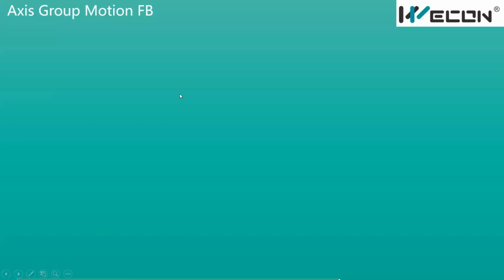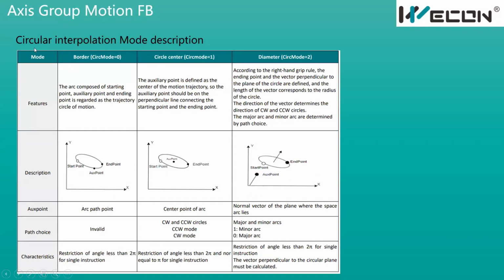And the next, for the circular interpolation mode, we have this table to introduce how this interpolation mode works. First one is this circle mode 0, 1, 2. We have three selections. For 0, it means this AUX axis point is the point on the cycle. So we have start point and this axis point and end point.